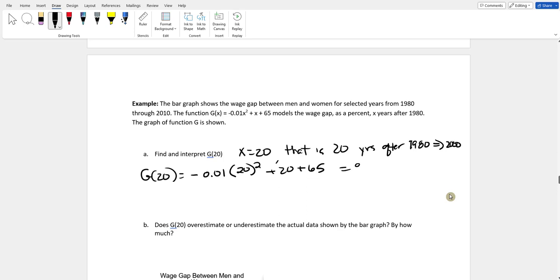I get 81. So what does this mean? This is g of 20 is equal to 81. So this represents a wage gap of 81% in the year 2000.